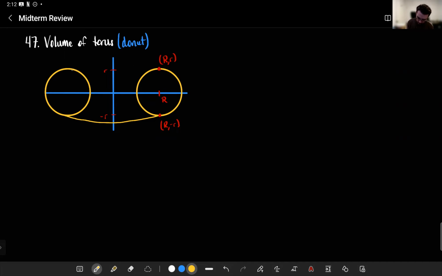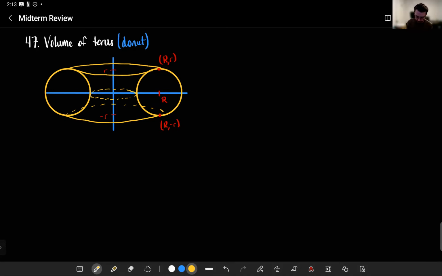And then revolving this thing, it'll sweep out something like this. Not drawing it great, but something like that. So some donut shape where, I guess I could draw this in as well. Okay, so hopefully that looks like a donut to you, like a see-through donut.